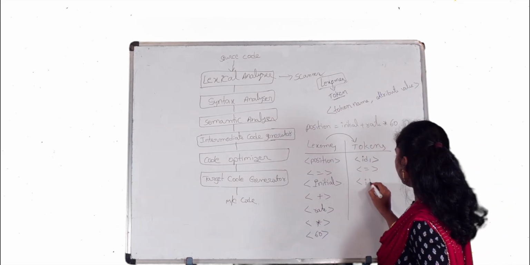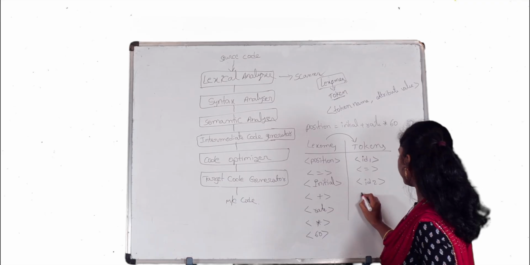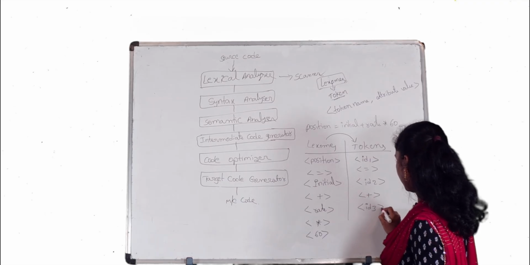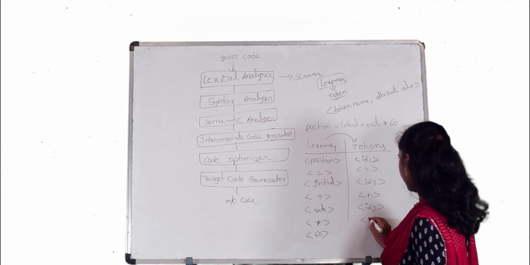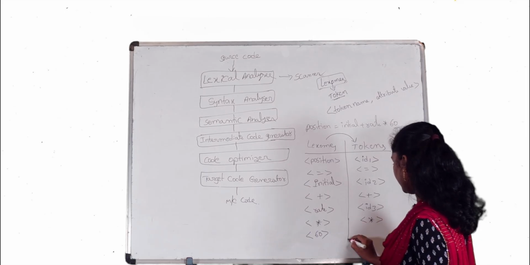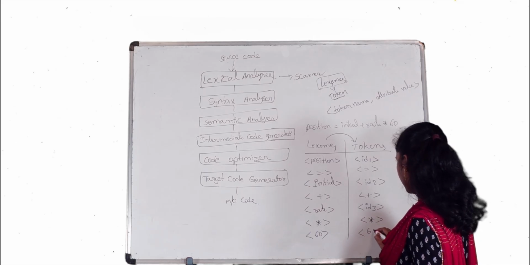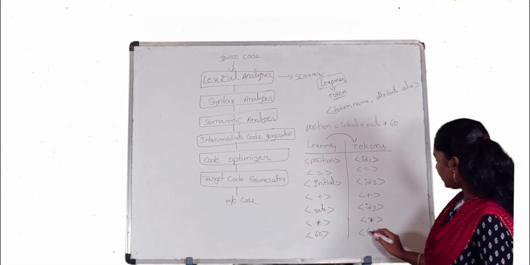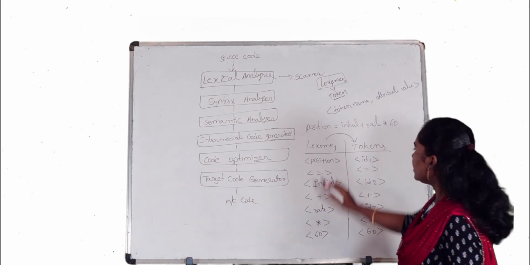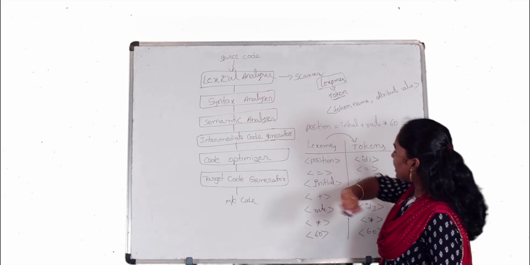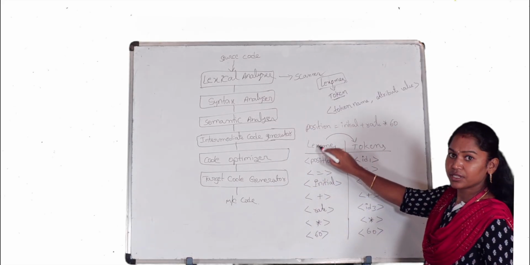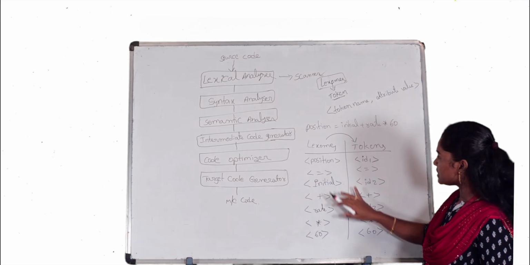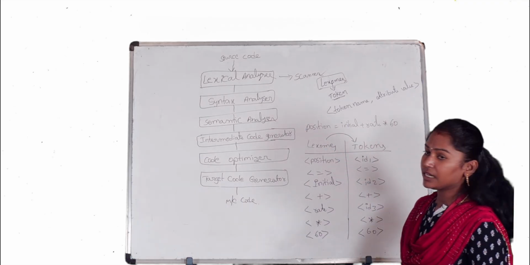Next is identifier 3 and star, and the last one, 60, is a number. Likewise the lexical analyzer takes the lexemes and transfers these lexemes into tokens. So this is the lexical analyzer's role.